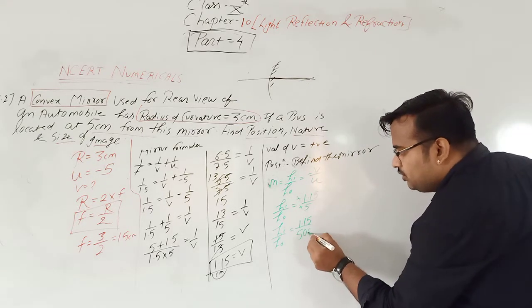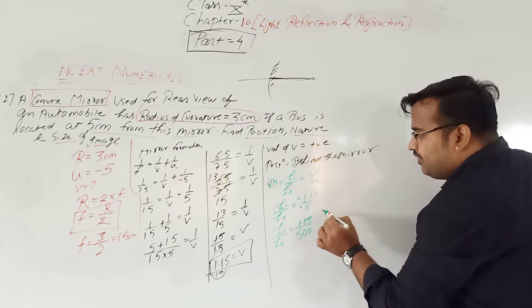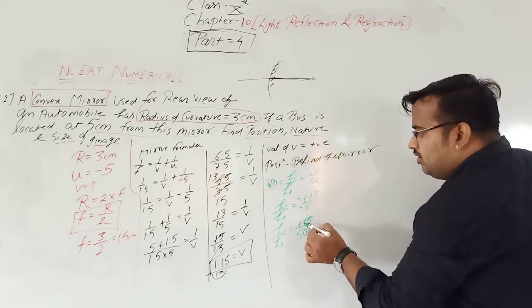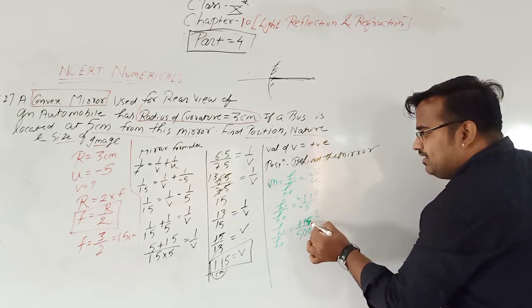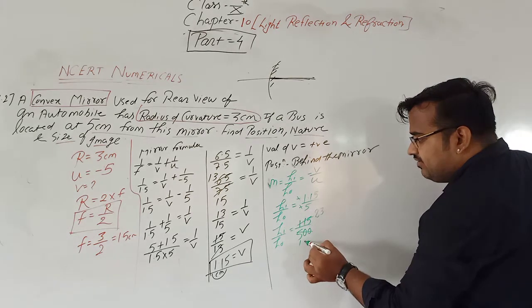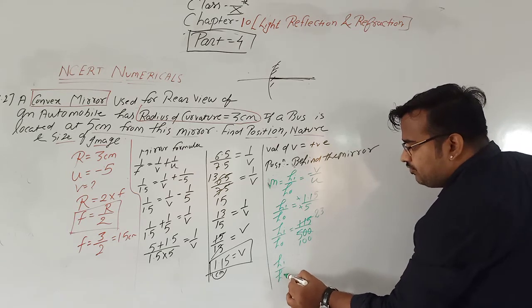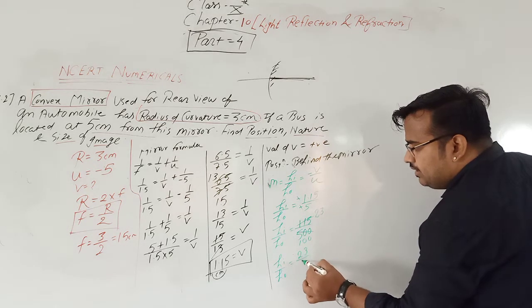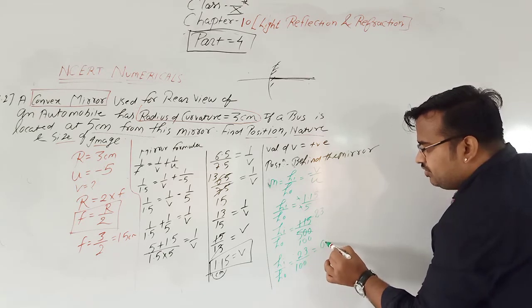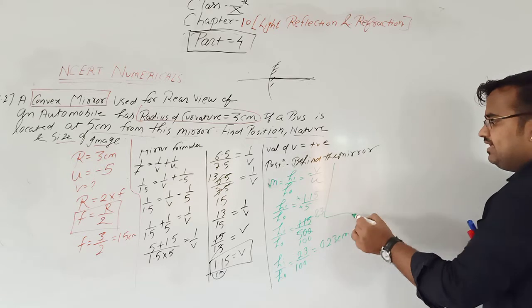Therefore, there would be 2 zeros and the point would be removed. So 5 twos are 10, 1 carries, 5 threes are 15, 5 ones are 5. So height of image upon height of object is 23 upon 100. So this would be 0.23 centimeter. Okay, 0.23 centimeter.